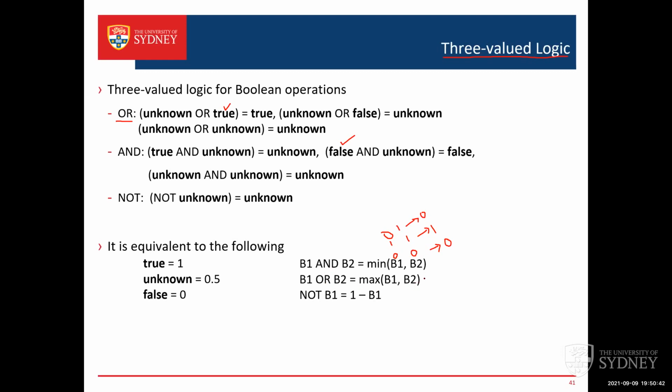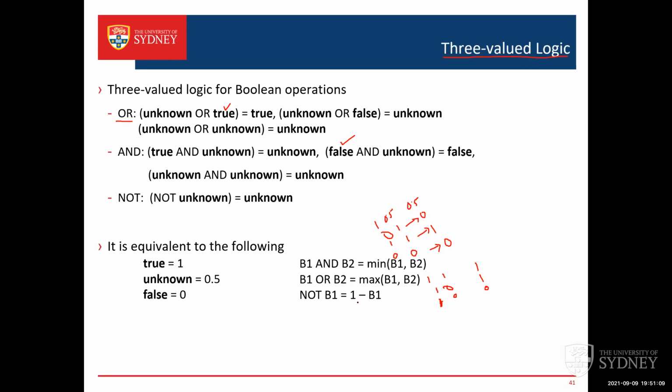For OR, we'll always get the maximum. So if it is 1, 1, we'll get 1. If both of them are true, result is true. If at least one of them is true, result is true, because I've got 1, right? And 0, 0 will return 0 as well. You can think about 0.5. So 1 and 0.5, what should be the output in this case? Since we are taking the minimum, it should be 0.5, which is unknown.